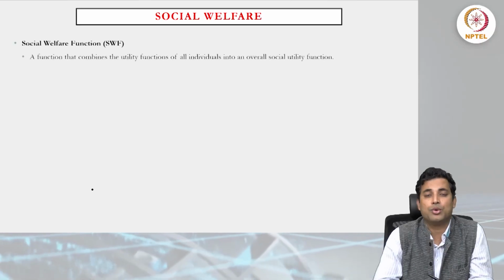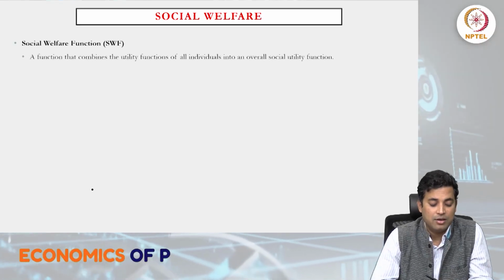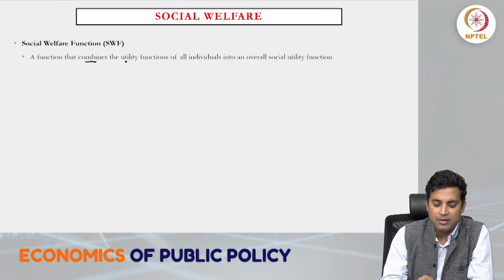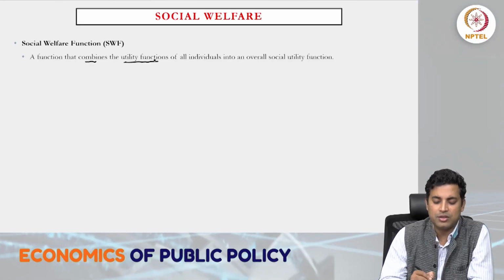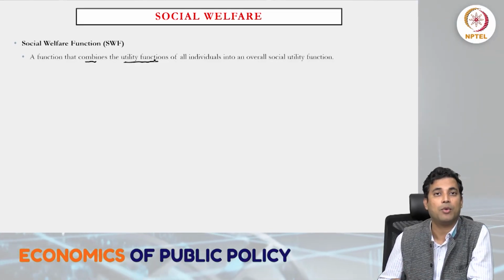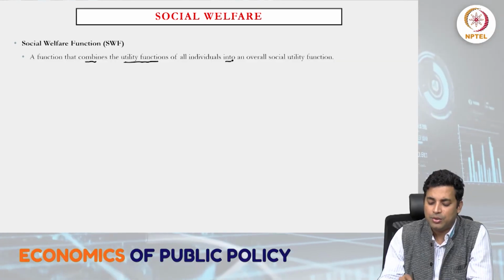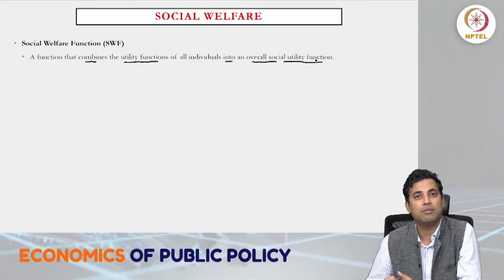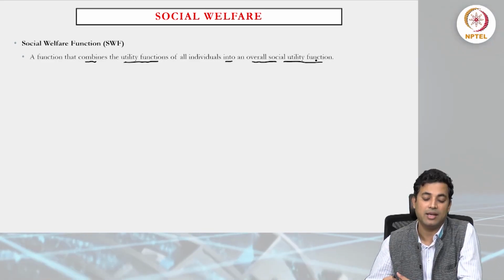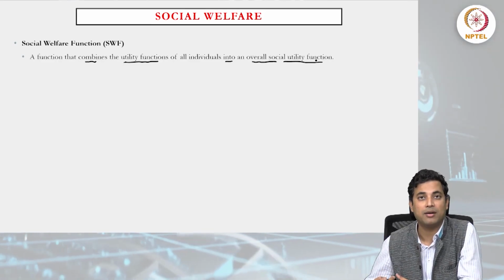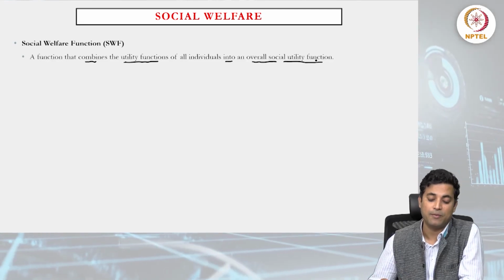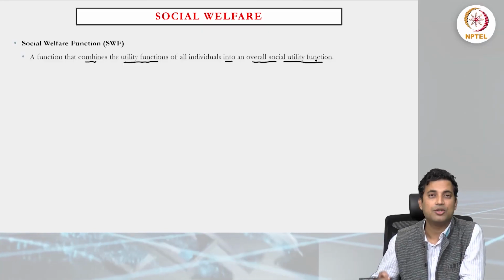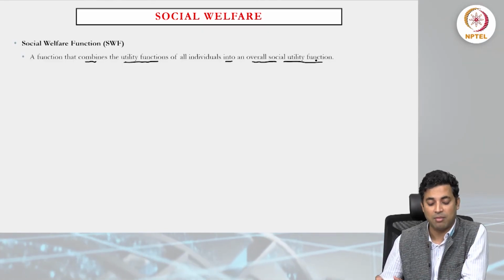So what is a social welfare function? It is a function that combines the utility functions that we get from all the individuals into an overall social utility function. This is similar to the concept we get in the context of market demand, like the horizontal summation of all the demand from the individual consumers. That is what we got in the demand function.